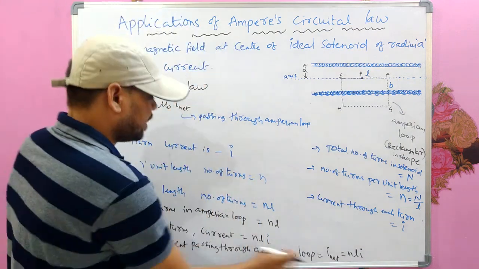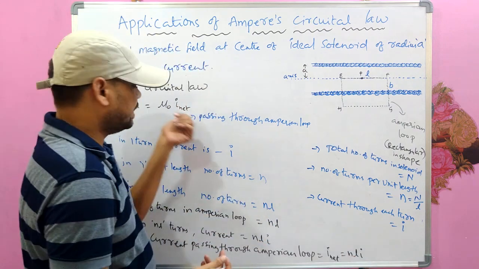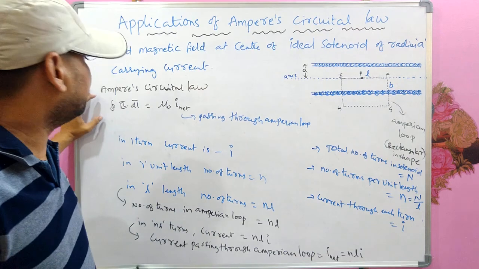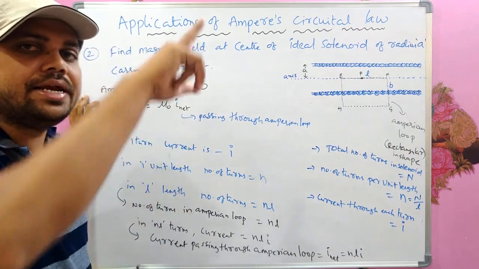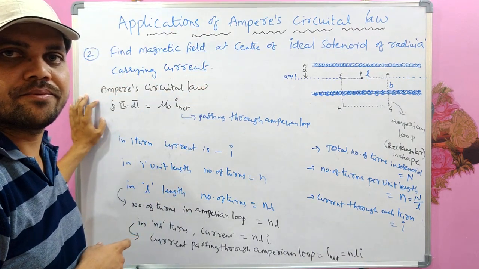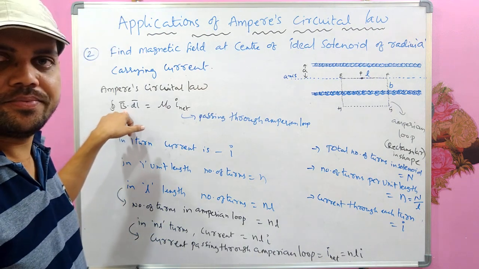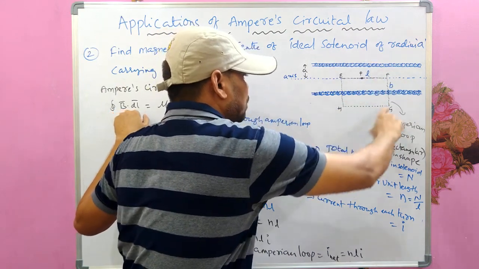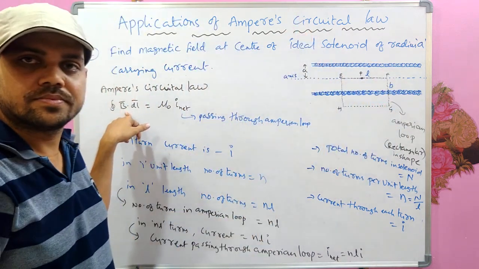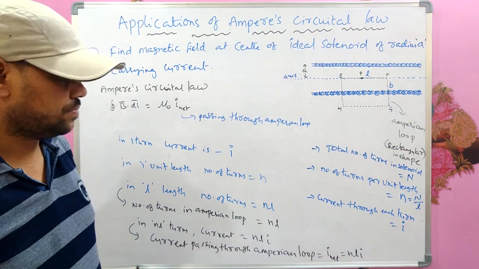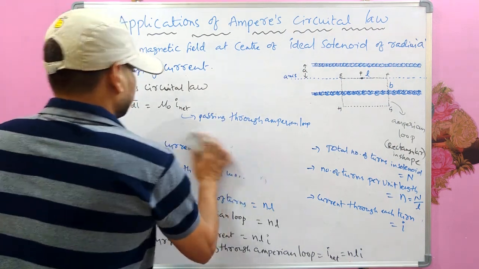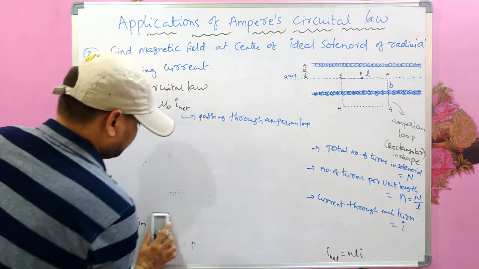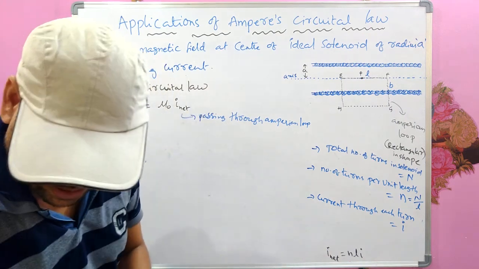So the right hand part we have calculated: I net is nLI. Now we will try to calculate the total line integral of the magnetic field along this closed Amperian loop. That we will calculate now. Let me keep this I net here.